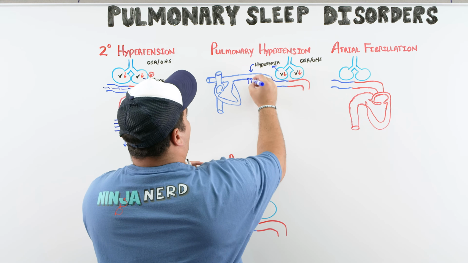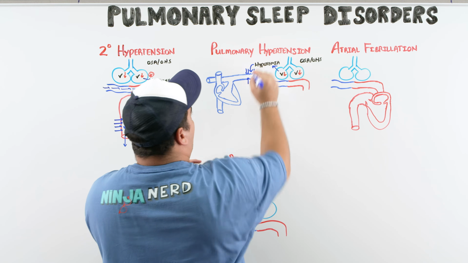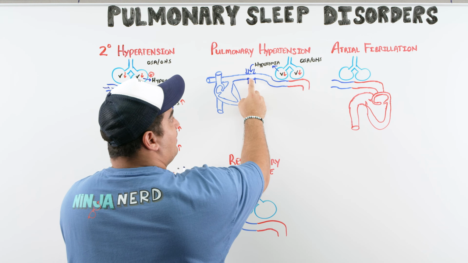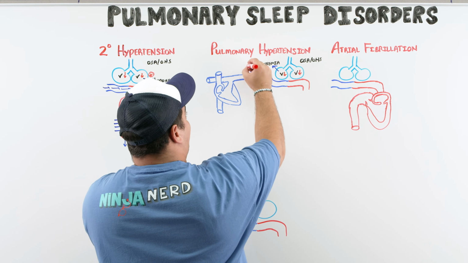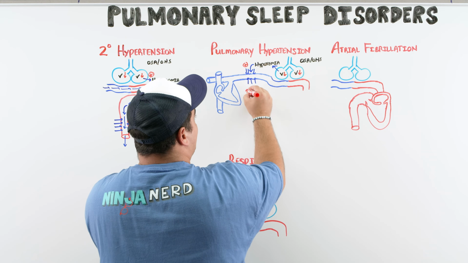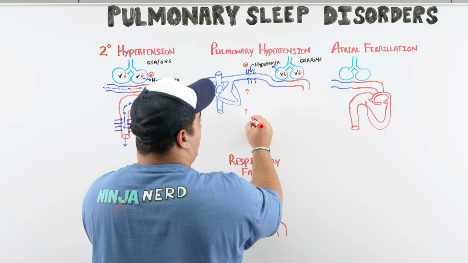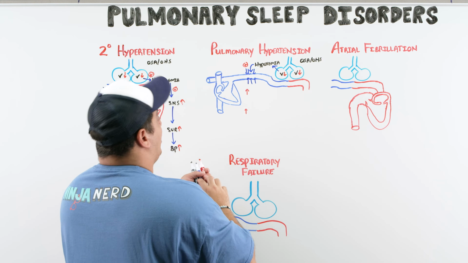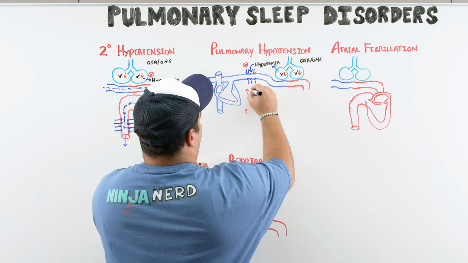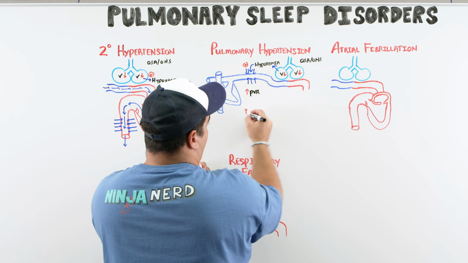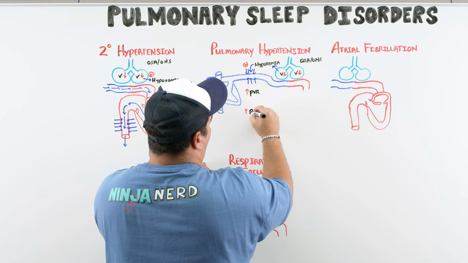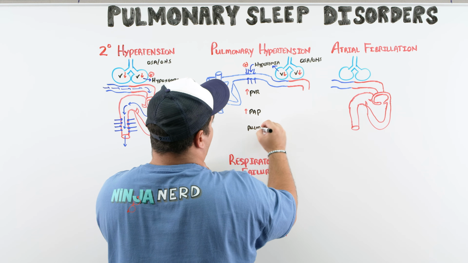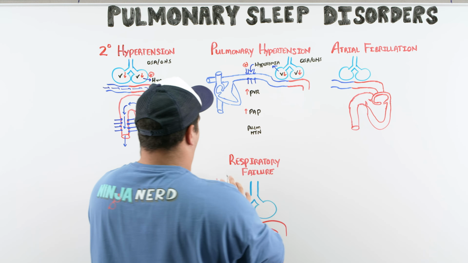These puppies will clamp down. If you clamp down on the pulmonary vessels, what happens to the resistance to blood flow? It will cause an increase in pulmonary vascular resistance, which will then increase the pulmonary artery pressure, which will then lead to the ensuing pulmonary hypertension. So pulmonary vascular resistance will go up, and then as a result, pulmonary artery pressures will go up, and then pulmonary hypertension can potentially develop.